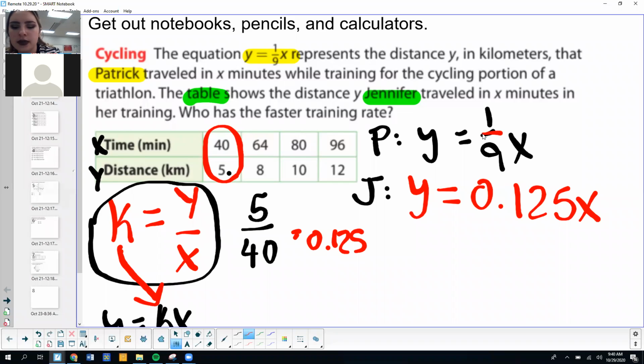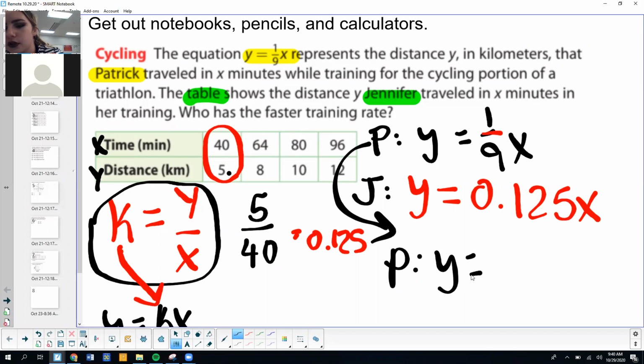So I'm going to take 1 divided by 9, and that gives me the new formula for Patrick. It's the exact same formula, I'm just writing it with a decimal. So y equals 0.11x.